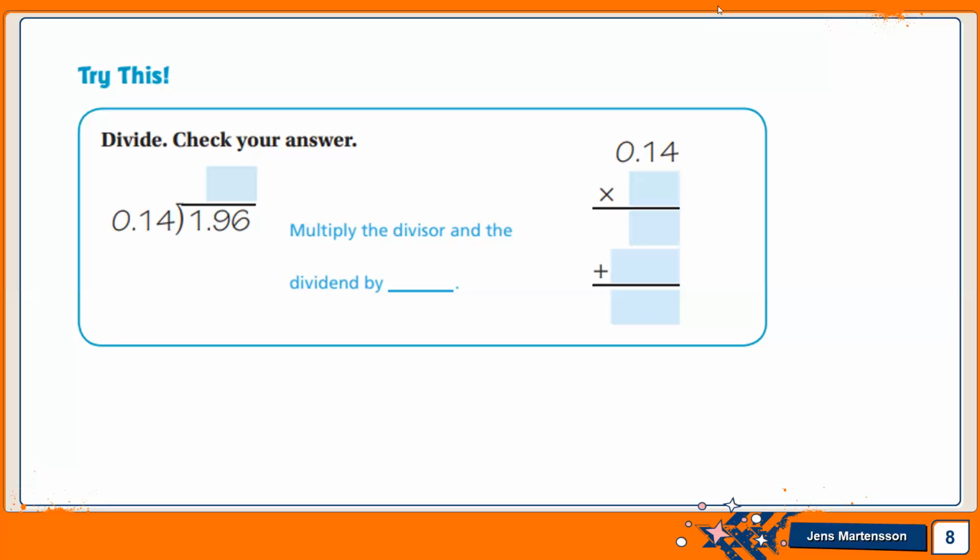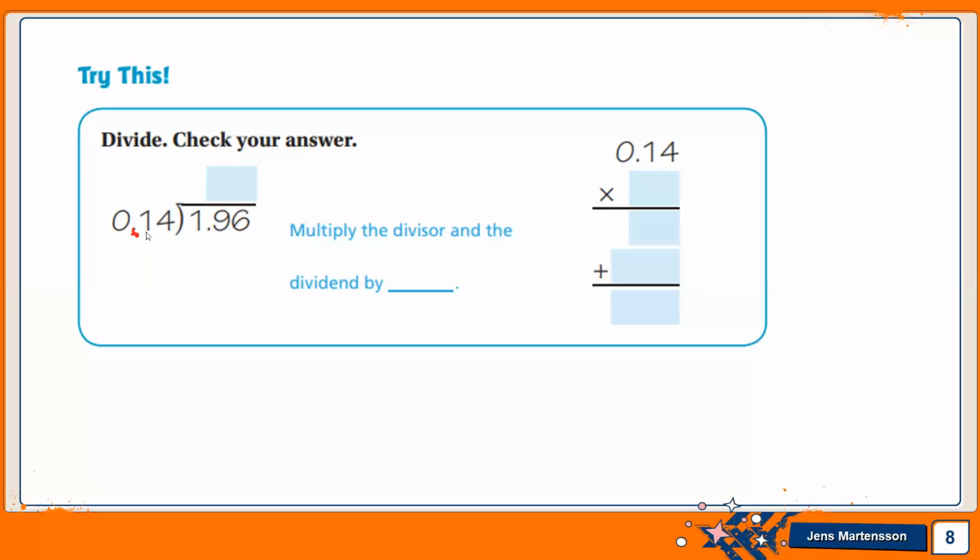Yes, Hanin. Look at this one here. 1.96 divided by 0.14. What do you have to do first? How many digits you have to move the decimal point? Why one only? Look at this one here.